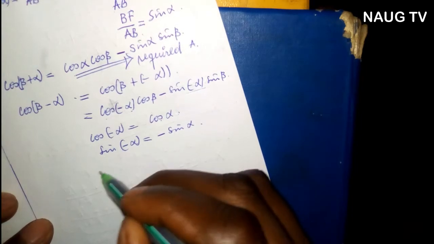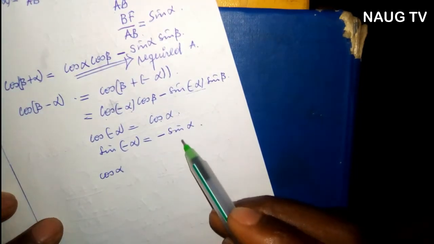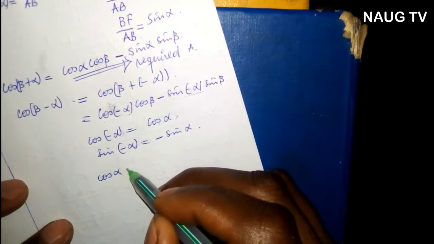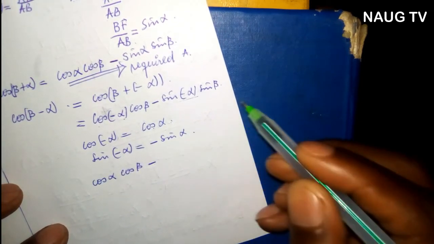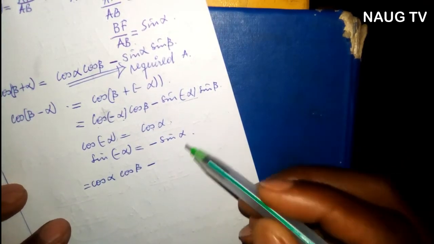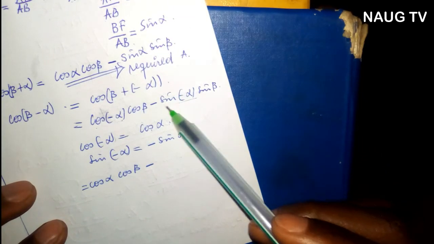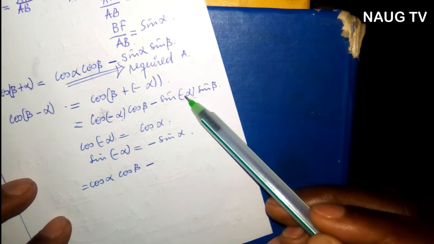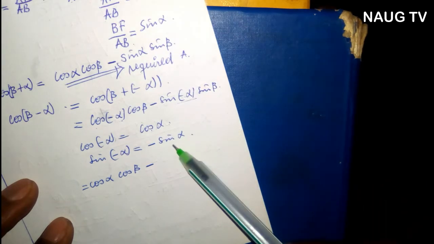So you will get cosine alpha times cosine beta negative. We have seen that sine of negative alpha would be equal to negative sine of alpha.